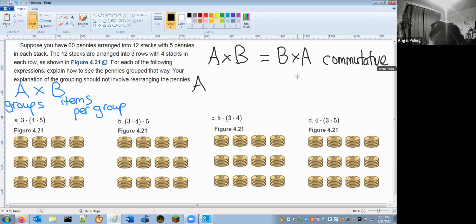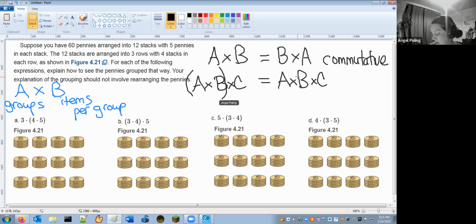Okay, and then this one, A times B times C and A times B times C. So we have A times B times C, or A times the product of B times C. So this one is our associative property.